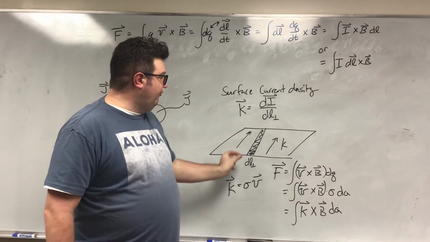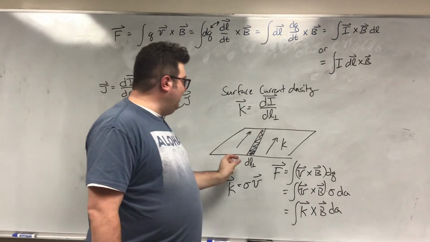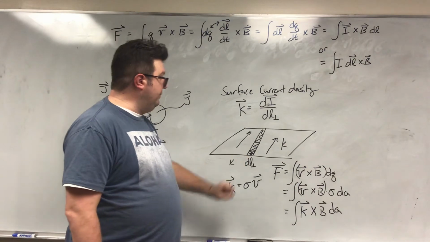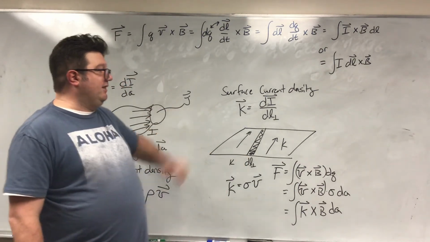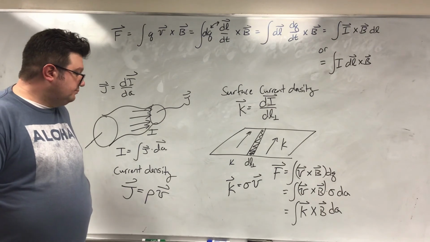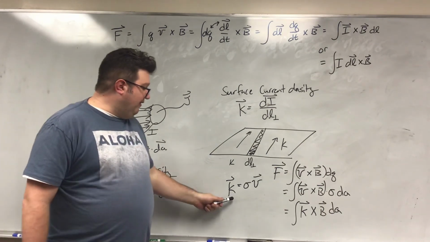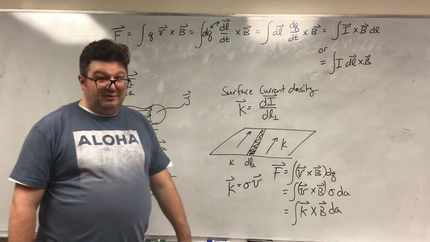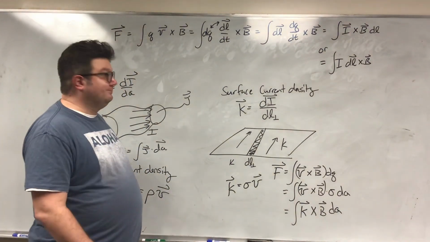The amount of current flowing in that little strip, di, divided by how thick that strip is, dl perpendicular, will tell me what my surface current density is. So that is defined as the surface charge density times the velocity. Cool?